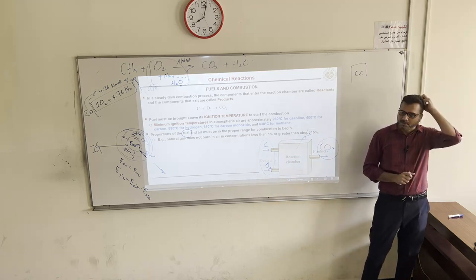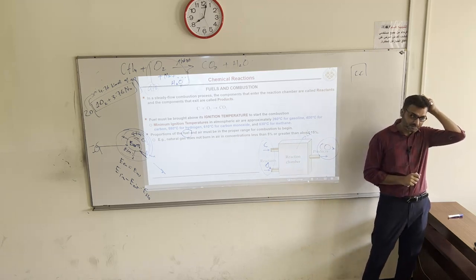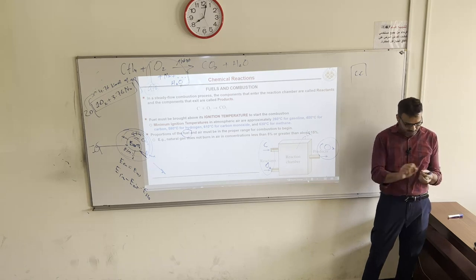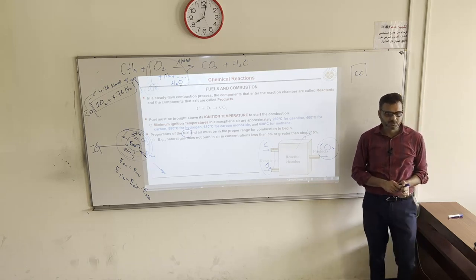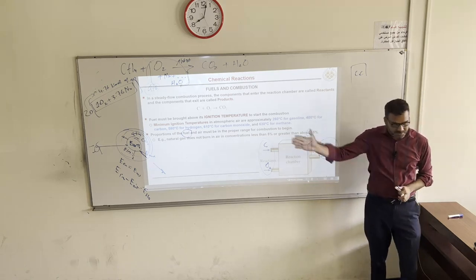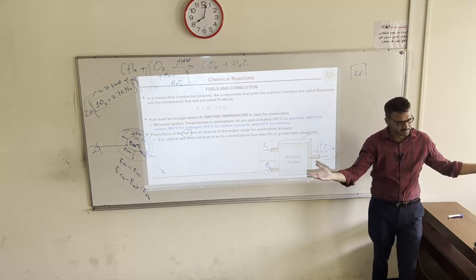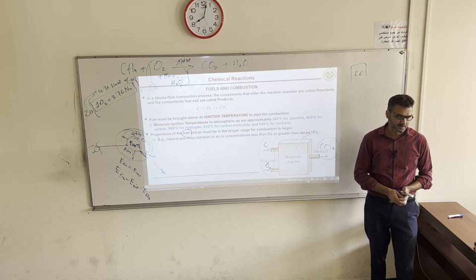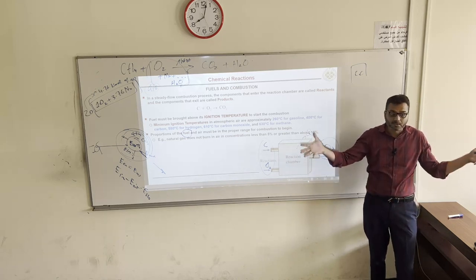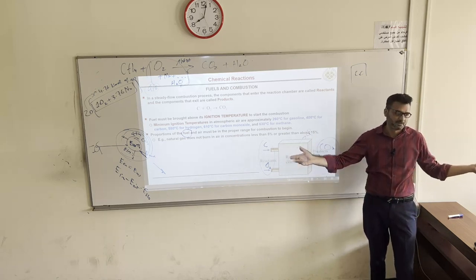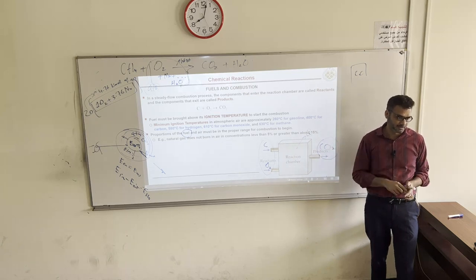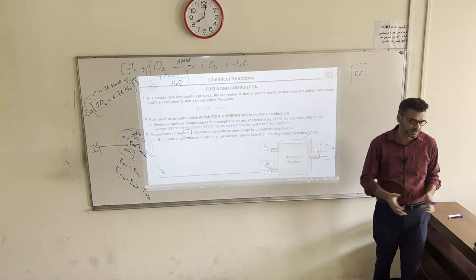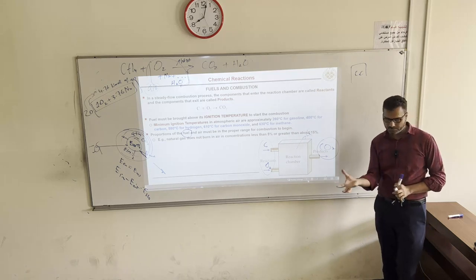For example, how you combust natural gas at home. If you have too much air, it will go off. Why? Because there is too much air. It is combusting with air, but with a proper amount of normal air. If you have a fan there, then it will not be a proper combustion because there is too much air compared to the fuel.